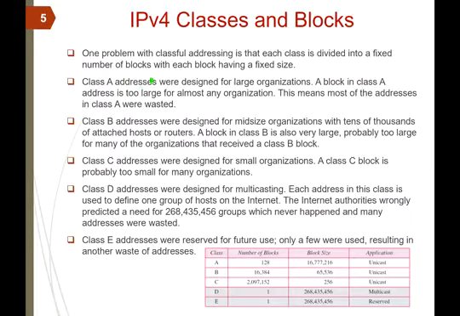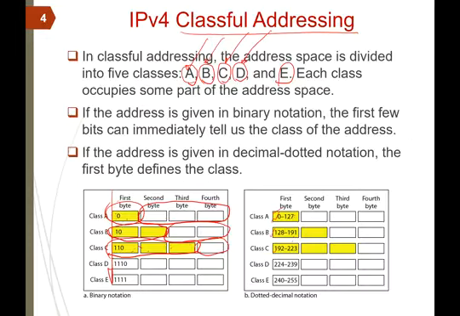So there is a problem here, which we'll explain soon. Class A addresses were designed for large organizations. A block in Class A is too large for almost any organization. This means most of the addresses in a Class A block will be lost.